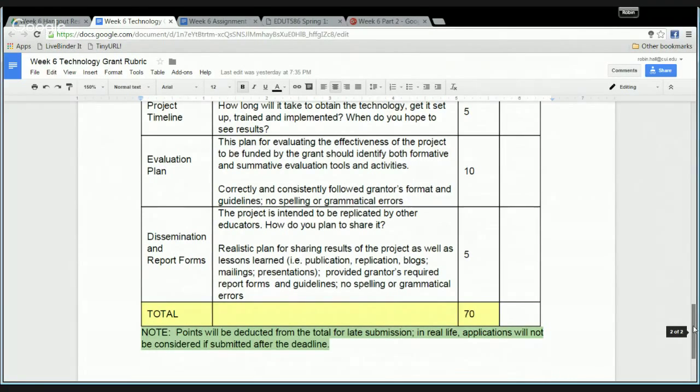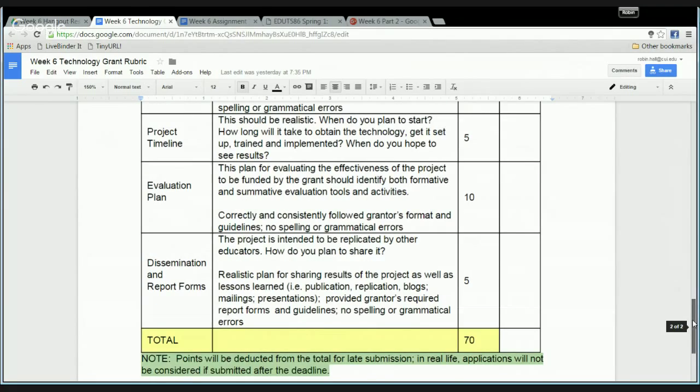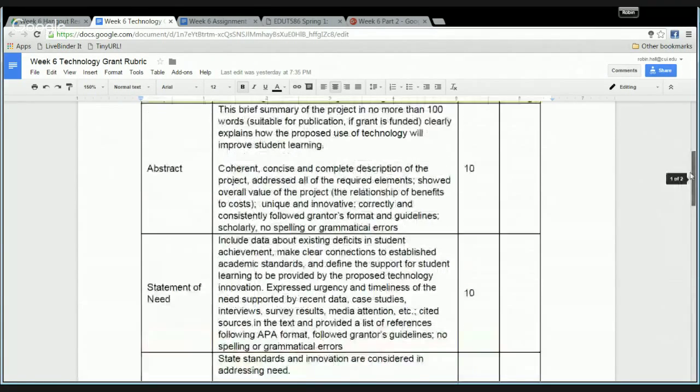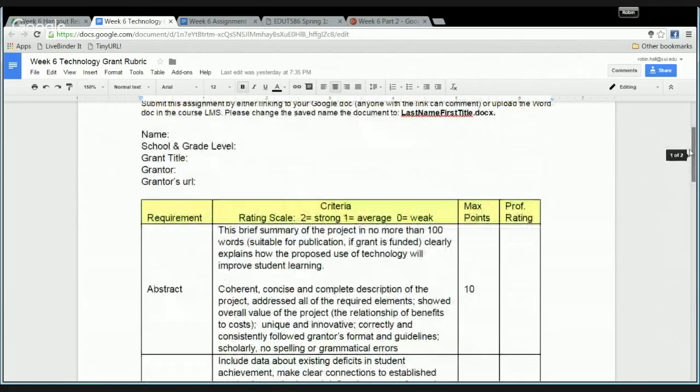But as I said, I do a lot of grant writing and a lot of grant scoring, so I think I'll be able to pretty much pick out those elements and know what the grantors are looking for, regardless of whether you choose an Education Foundation grant, the OCCUE grant, or something like DonorsChoose.